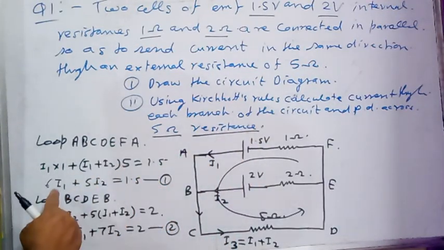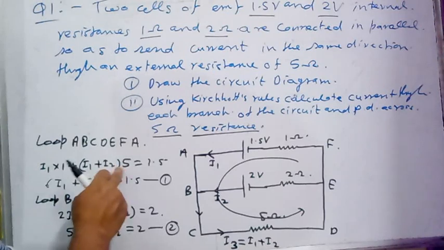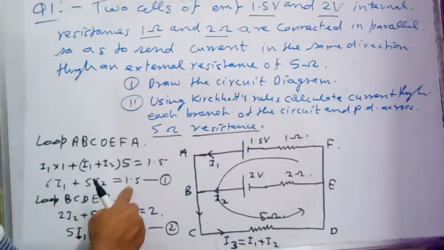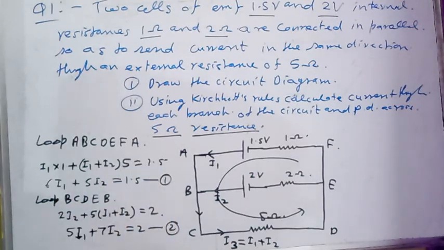If you solve this equation, you will get 5I1 plus I1, 6I1 plus 5I2 is equal to 1.5. This is equation number 1.